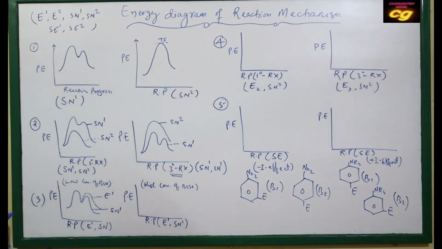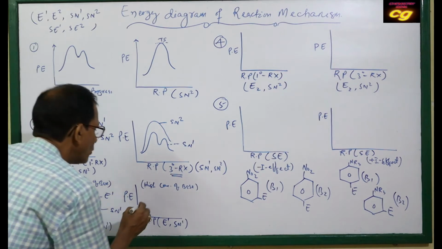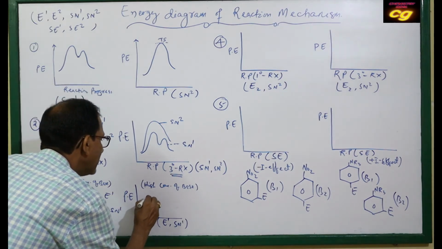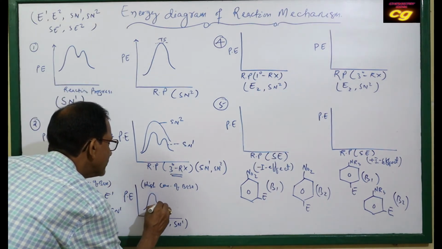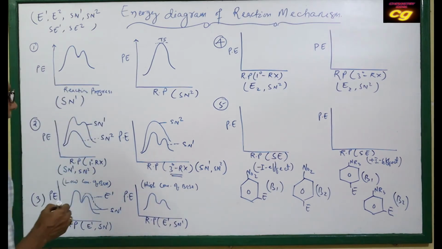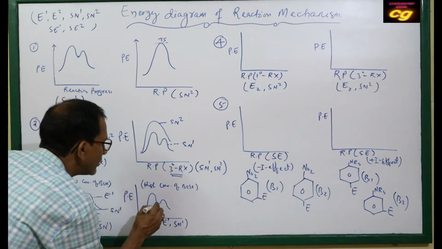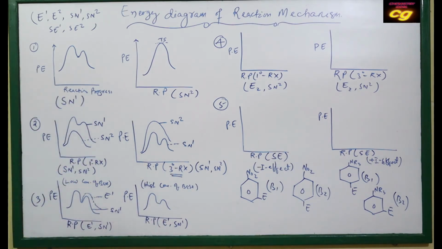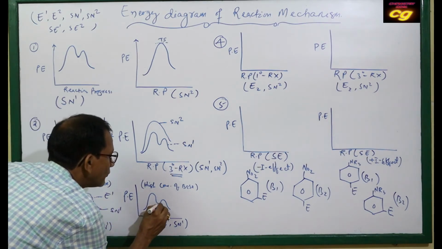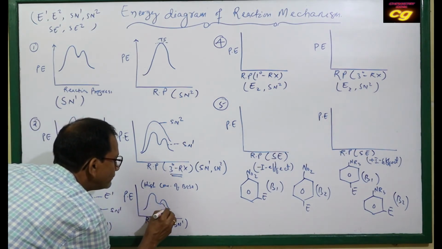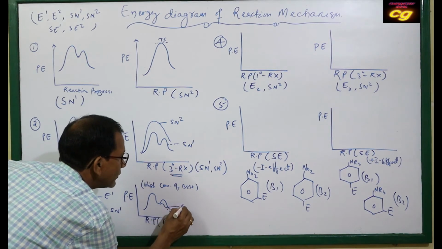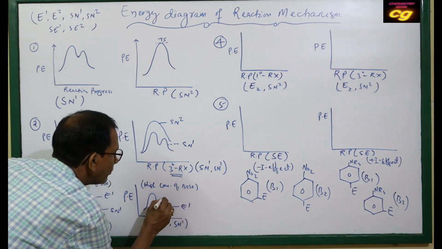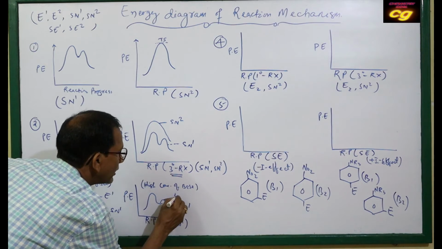But at high concentration, E1 is preferred. So this diagram changes again like this. For high concentration, E1 is preferred. That's why the graph will be like this. This graph is for E1, and the upper graph is for SN1.